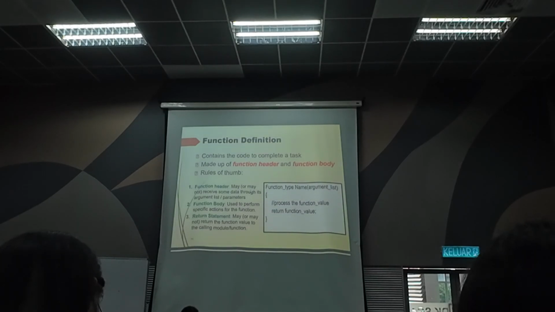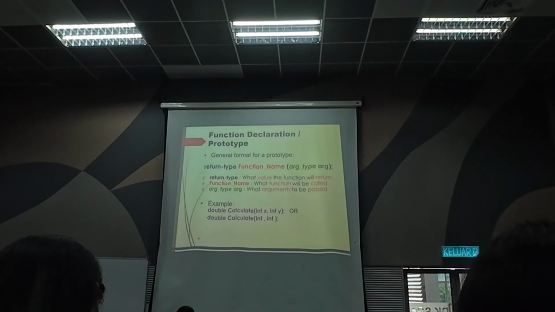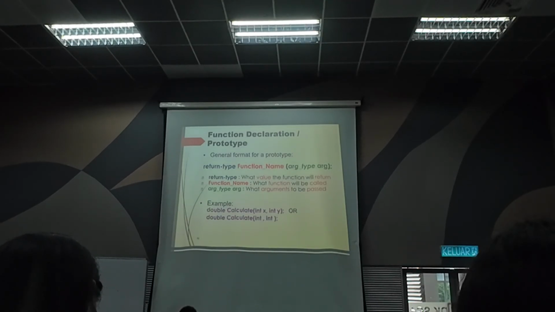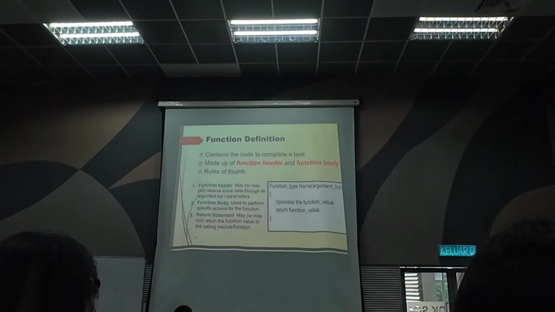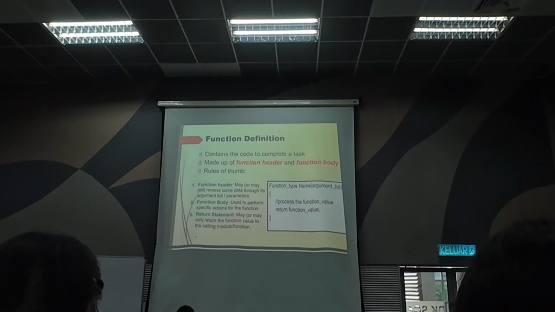It may or may not receive some data through its argument list or parameters. The argument list is what we were talking about, the argument type and the arguments. You can call them arguments, or you can call them parameters. Usually I use parameters, because it is easier to understand.